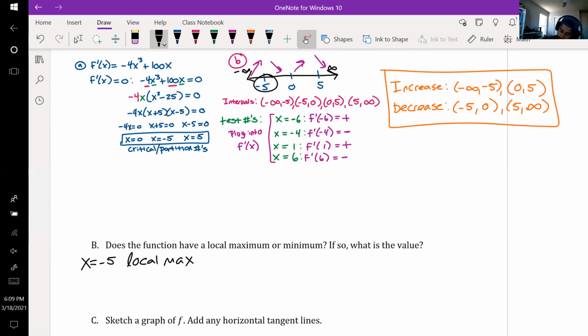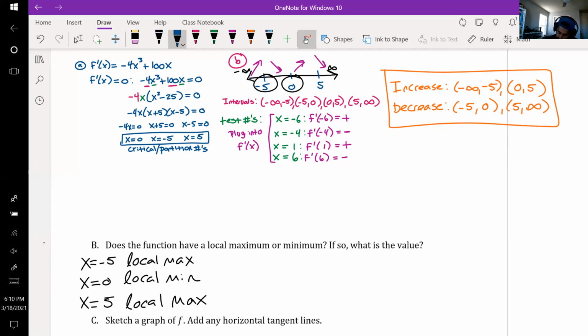And then you look at 0. At 0, you decrease and then you increase. This means that 0 will be a minimum. Which means that 5 will be just like -5, a local max.